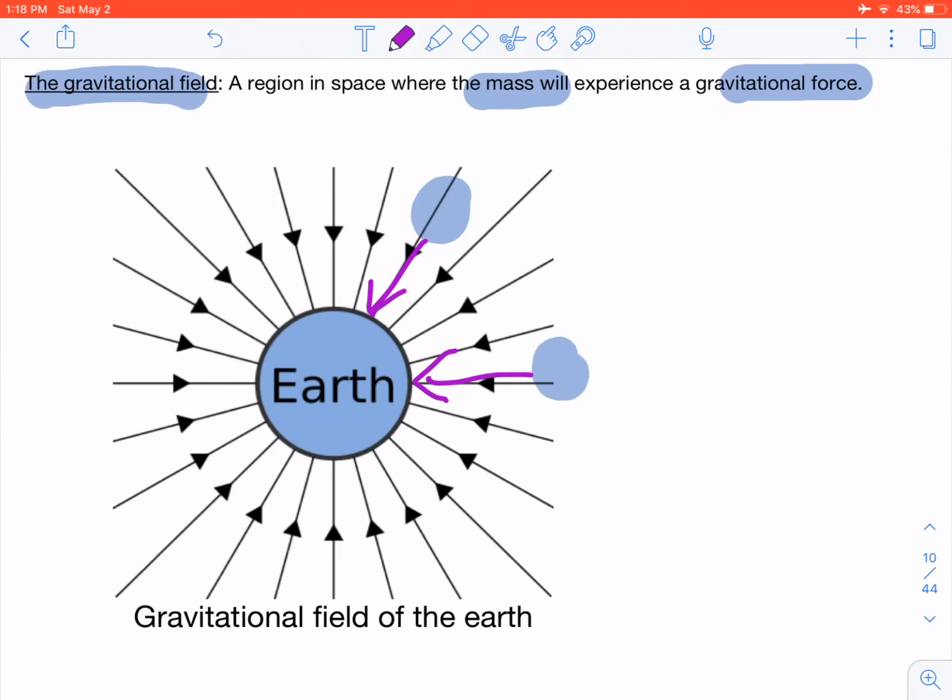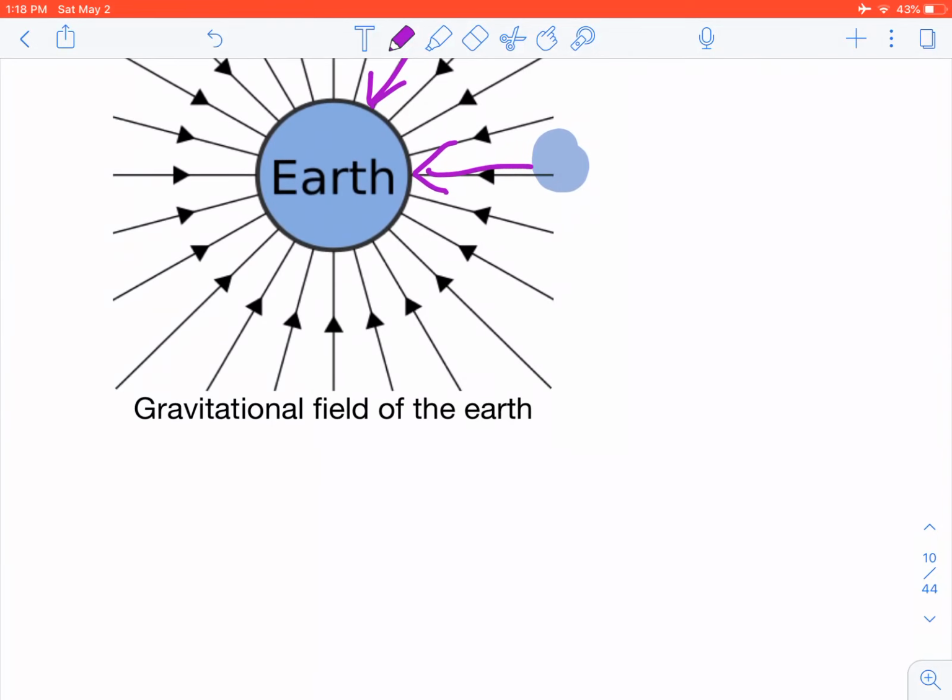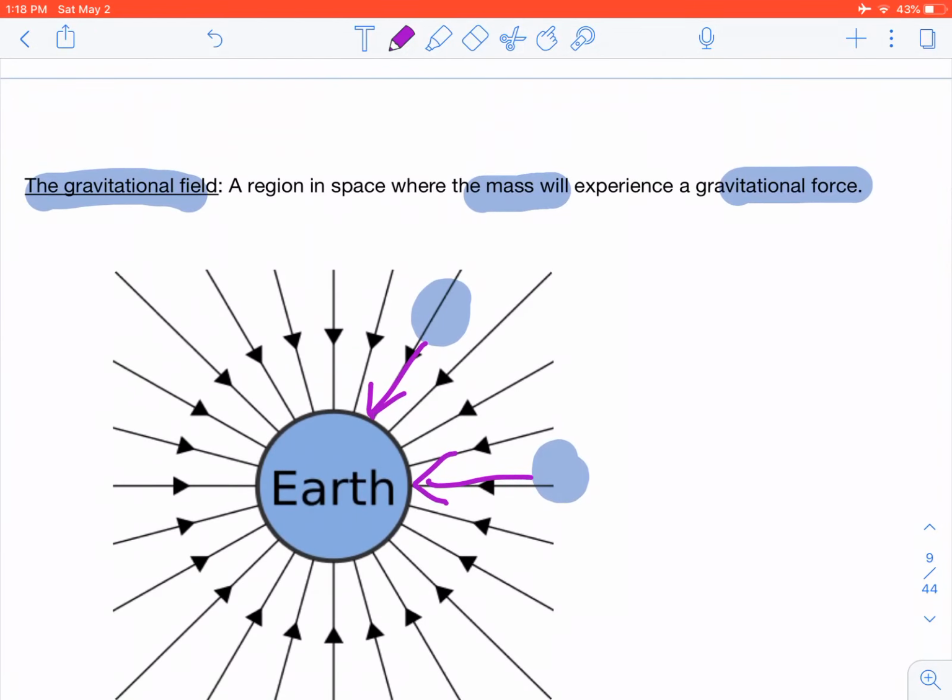You notice I'm saying towards the Earth. I'm not saying it's moving down to the Earth, because we don't know what is up and down. All we know is that the object moves towards the Earth in relative terms. So the gravitational, the magnetic and the electrical forces are forces that act at a distance.